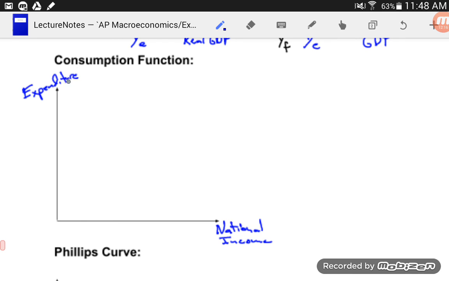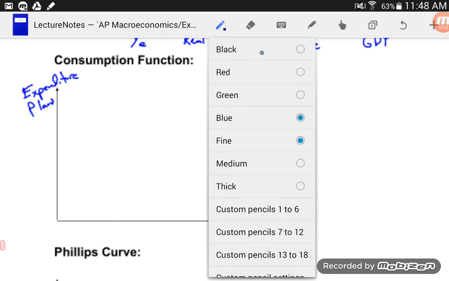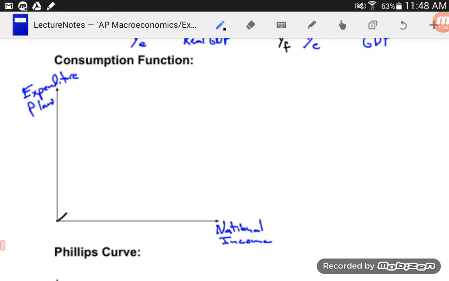Expenditure plans. Now, in this graph, there is always this little 45-degree line. That 45-degree line, that y equals x line, right? Maybe I'll even label that y equals x line, because that's how you think about it in math class. At any point along this line, what we plan to spend equals the amount of money that we make.